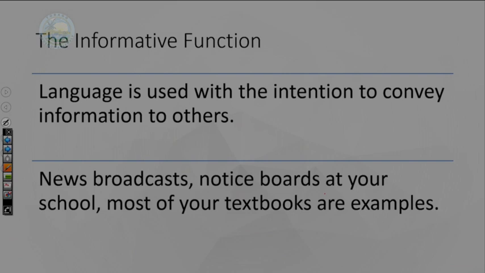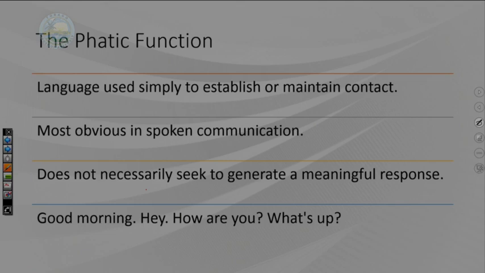So it's the informative function. I want to convey information. Right? So some other examples, we talk here about our news broadcasts. We talk about notice boards at your school. And most of your textbooks are examples of the informative function of language.